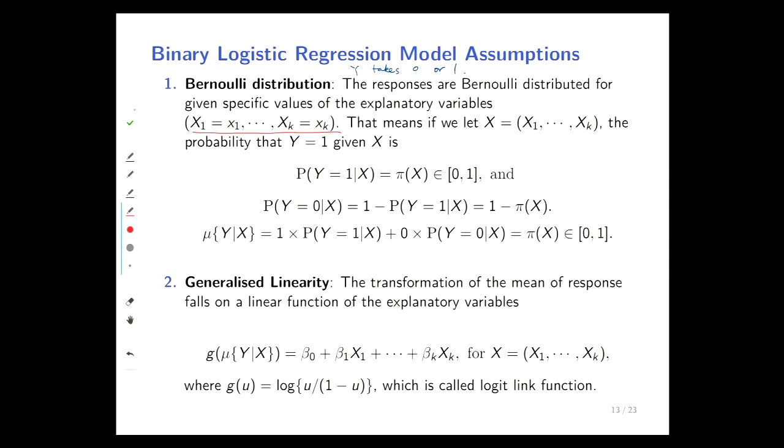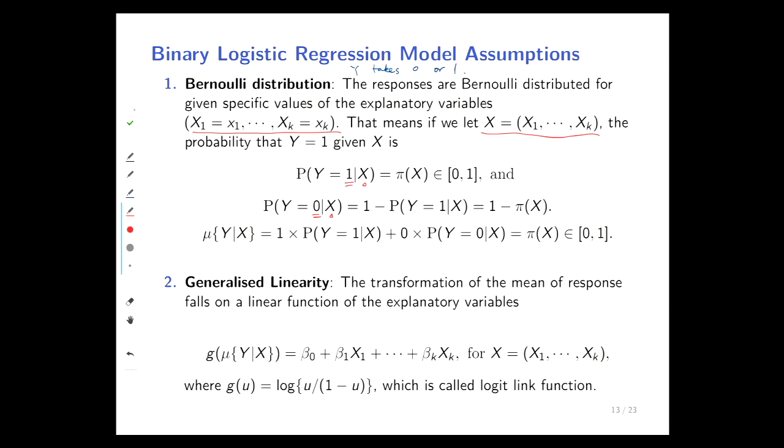What's the meaning of it? It just means that given some value of x, y can only take two values, 1 or 0. Then for this Bernoulli distribution, we need to specify the probability of y equals 1 and the probability of y equals 0. Here we consider a specific value of x, so this probability should depend on x.